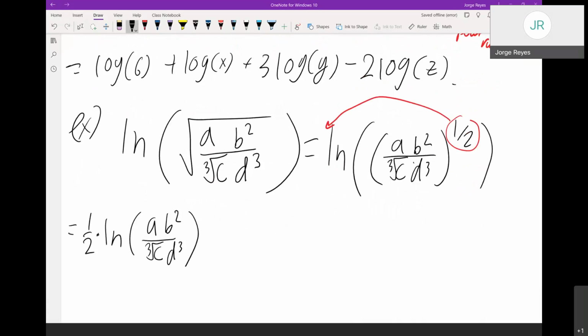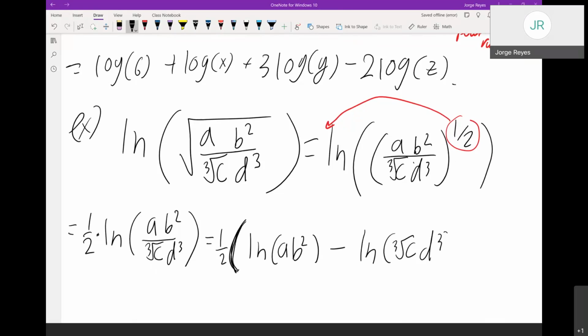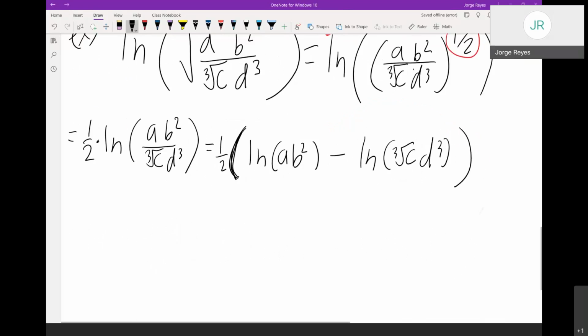So when I quotient rule and I split this log in half, I need to make sure I put parentheses because the 1/2 should go to both, because they were once the same log. So I need this parenthesis, then the top minus the bottom, and then close the parenthesis, okay?